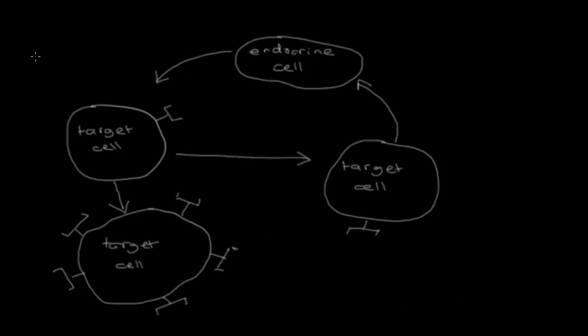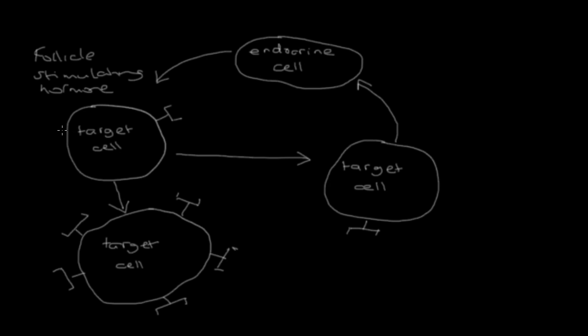So there are some positive feedback loops as well that we need to talk about, and one good example is whereby the endocrine cell here secretes something called follicle stimulating hormone, or FSH, which acts on this target cell.